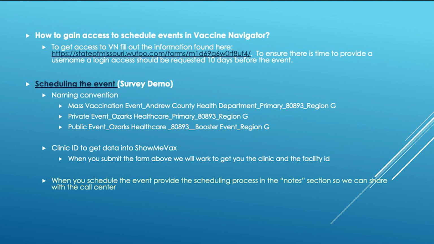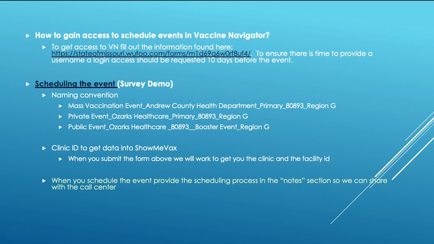So we have to have a clinic ID. As soon as we get to the point where we can do that web service, we're going to need a facility ID. Major Miller and Susan Thomas are going to be helping the LPHAs and the RIT teams get those facility or clinic IDs, whichever those are, at that time, so that we can get those back to them for when they schedule their event. That is how we get the information into Show Me Vax.